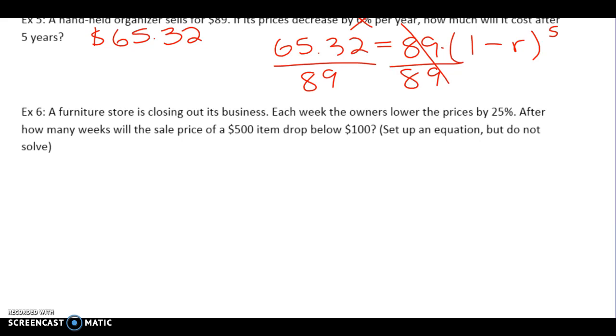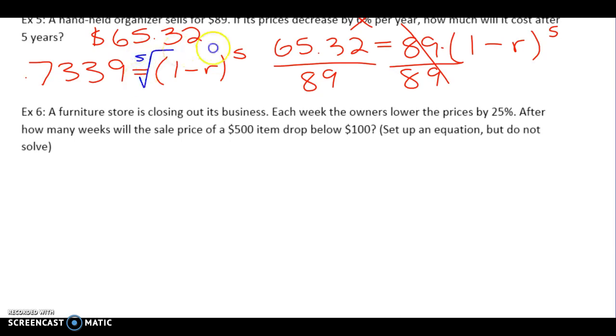So 65.32 divided by 89, I get 0.7339, equals 1 minus the rate to the 5th power. Now, how can I get rid of those parentheses? How do I undo a 5th power?